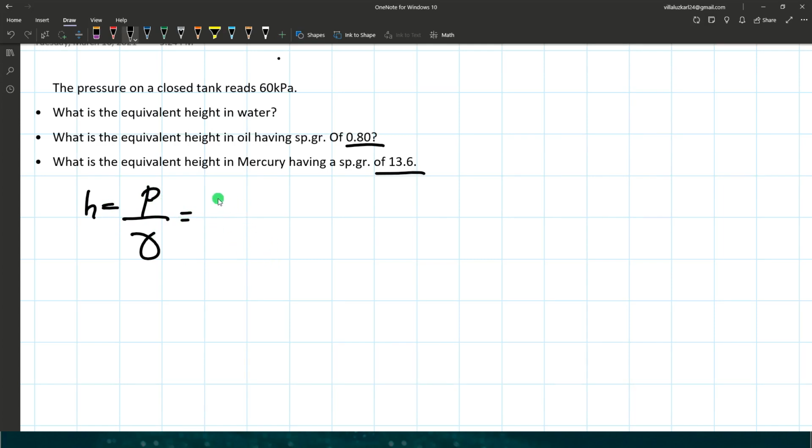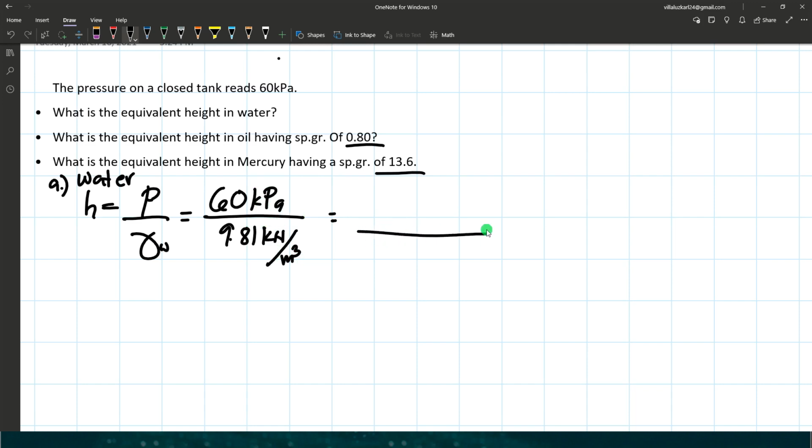So if we have a given pressure of 60 kilopascal, if we are to determine the equivalent height in water, let's just use the unit weight of water, which is 9.81 kilonewtons per cubic meter. So kilopascal is in kilonewtons per square meter, so that will be cancelled out, and what unit remains is meter.